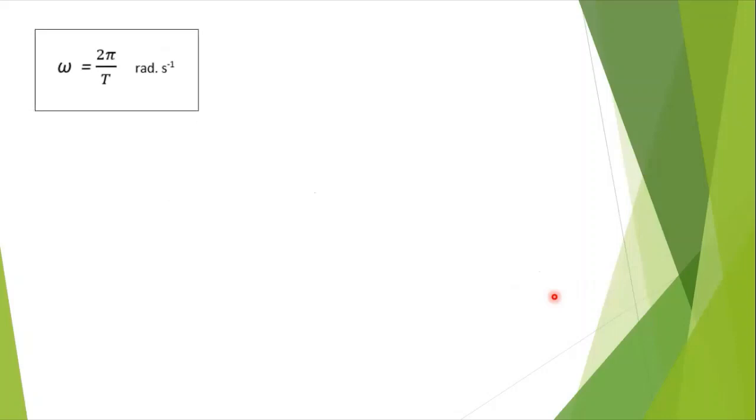Now, omega, this curly w, equals 2 pi over T. It's measured in radians per second, and if it does one revolution in a period equal to the periodic time T, then it does 2 pi radians in that time T. So omega is 2 pi over T. We can rearrange that and we get that T equals 2 pi over omega.